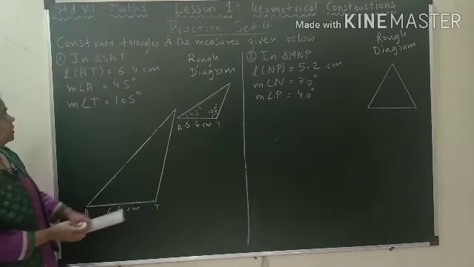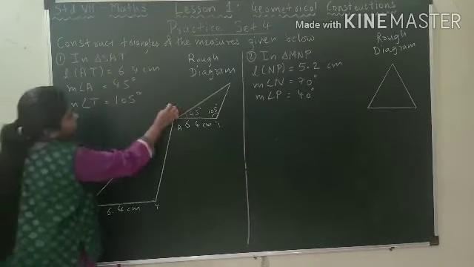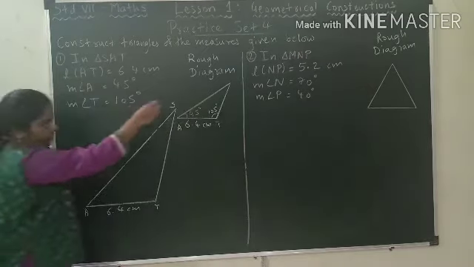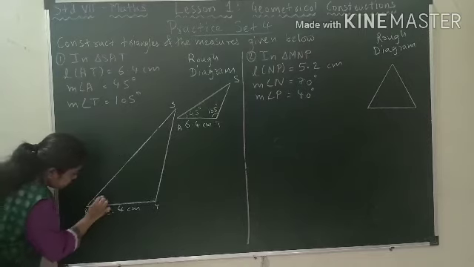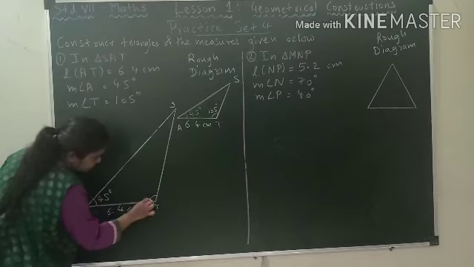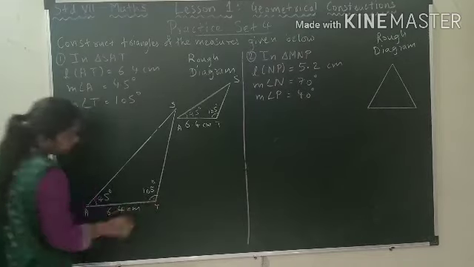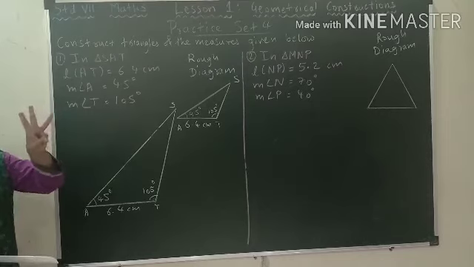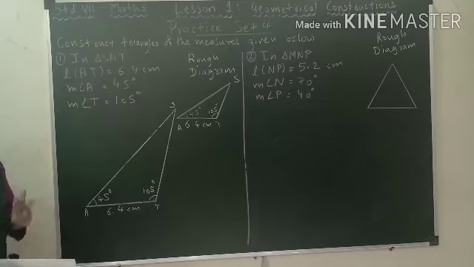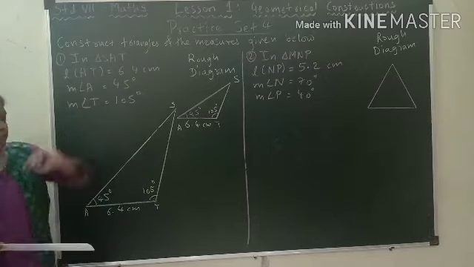A, T, S is there, that's your S, all the measures are written 1, 2, 3. Always 3 measures are given in a triangle. 3 measures.